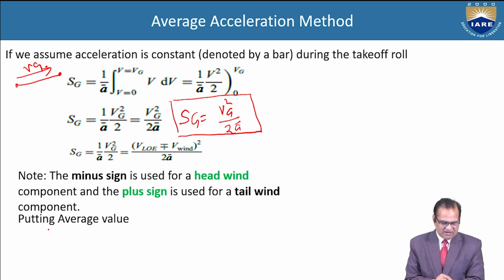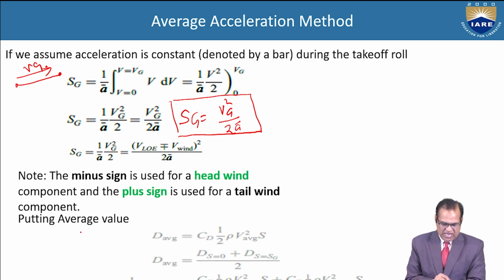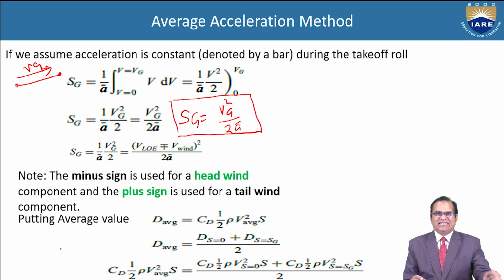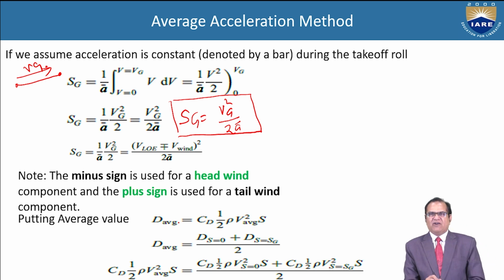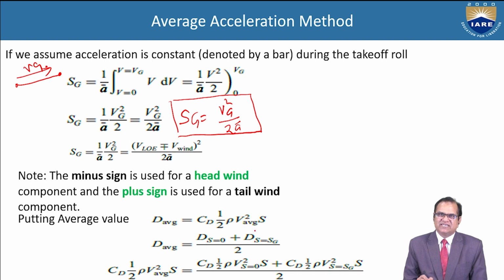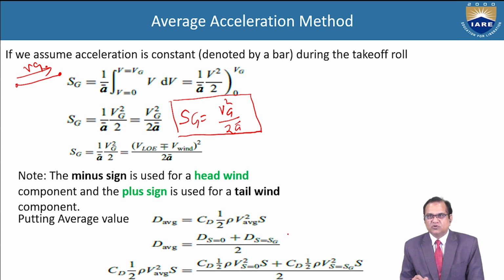Putting this average value, we will get that drag average is equal to CD half rho V square average S. So D average is equal to D at S equal to 0 plus D at S equal to Sg divided by 2. So we have to take the average drag.